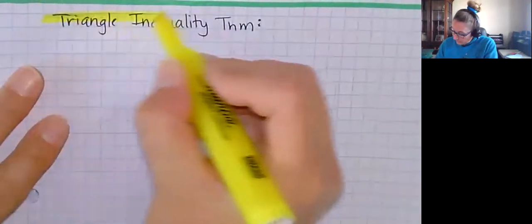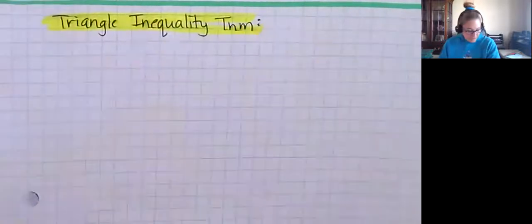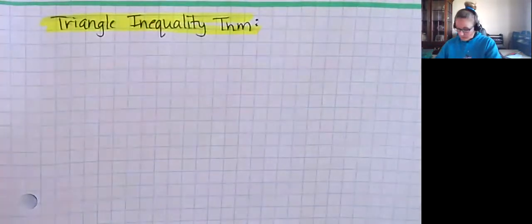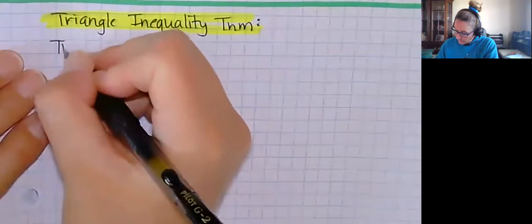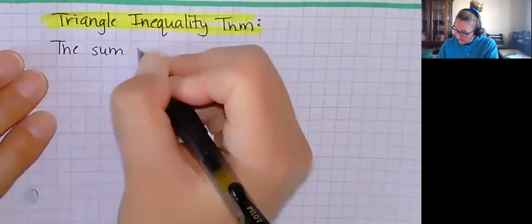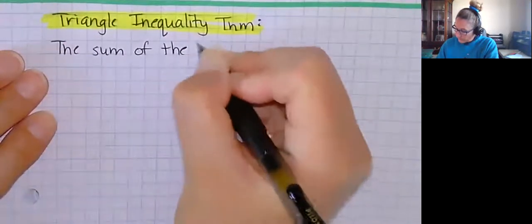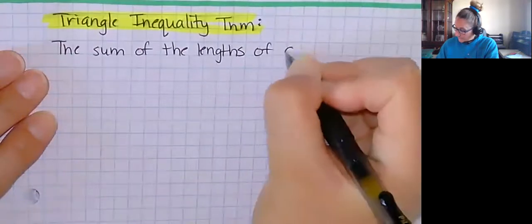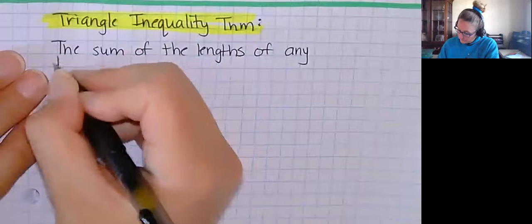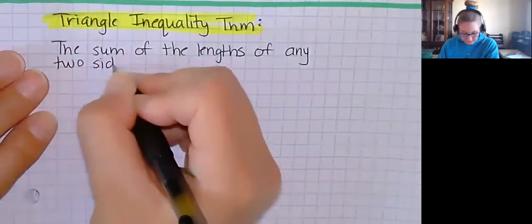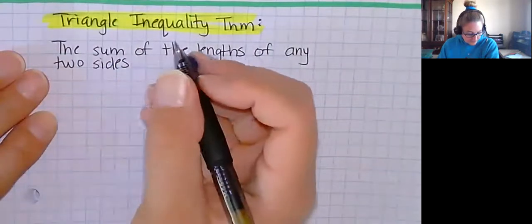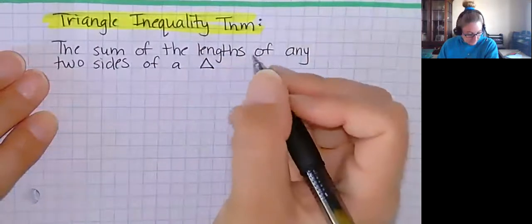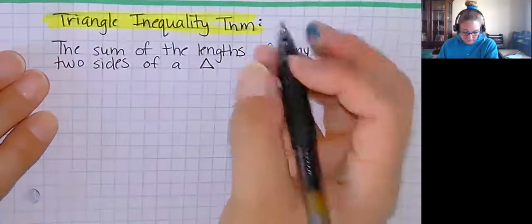So for the theorem, I'm going to write this: the sum of the lengths of any two sides of a triangle is greater than the length of the third side.